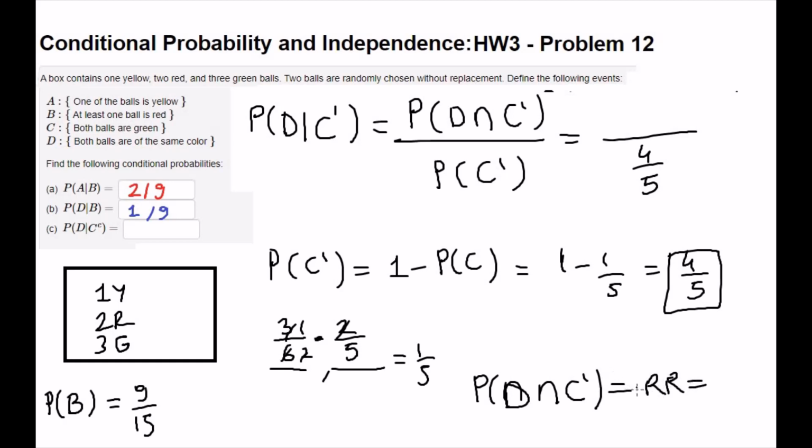We want both the same color and we don't want them to be green, which means we want red. We already computed it in the previous part. It's 1/15. So here 1/15 over 4 over 5, we can express it as 12 over 15. So the answer will be 1/12.